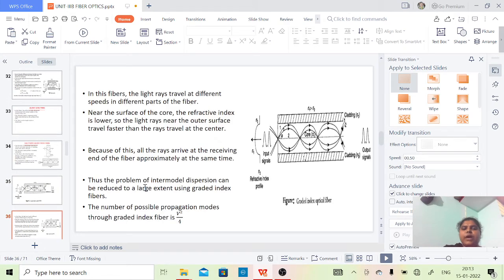In these fibers, the light rays travel at different speeds in different parts of the fiber. Near the surface of the core, the refractive index is lower.